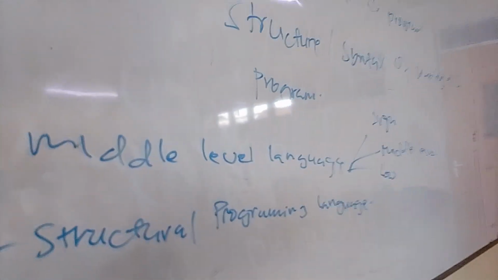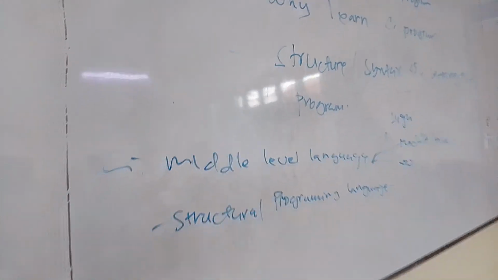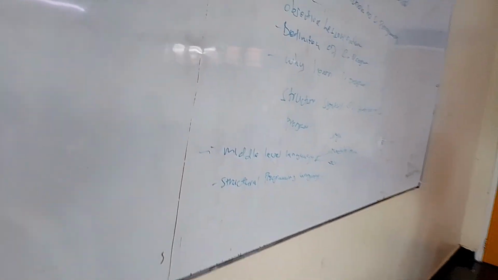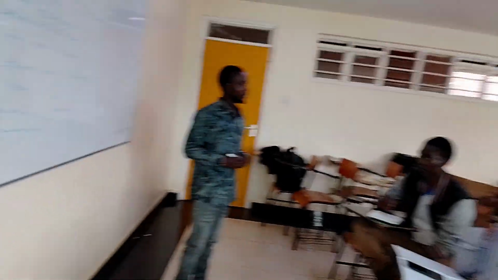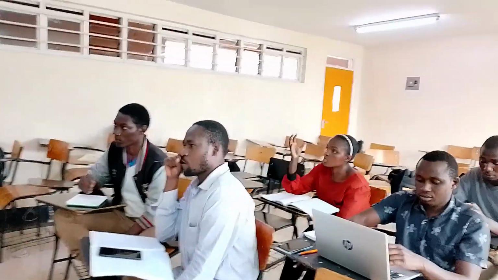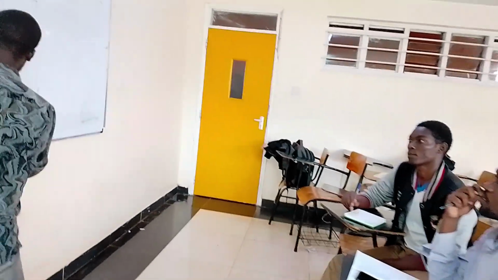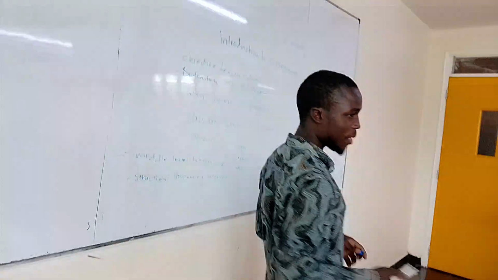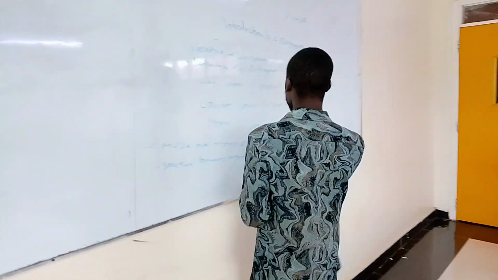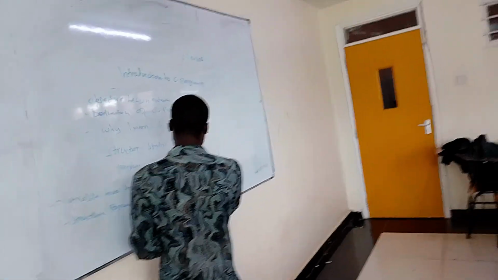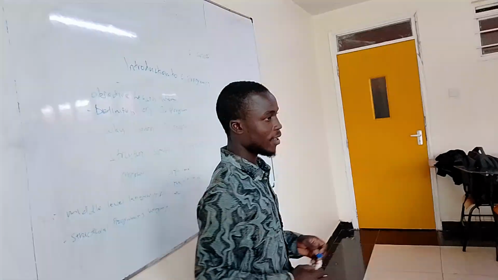What differentiates them? It is the complexity involved in handling the language. Okay, correct. With the low level, it has the highest level of complexity compared to the high level language. What about the middle level language?